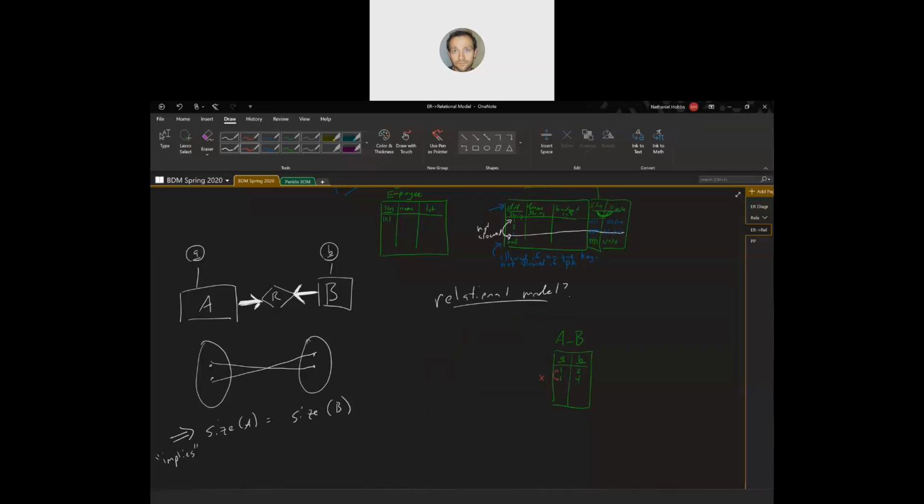Similarly, for B, if we had this, this would not be allowed because it violates this B constraint.